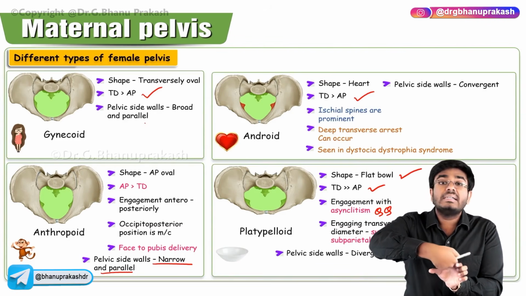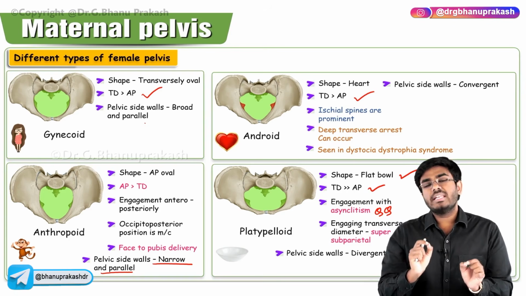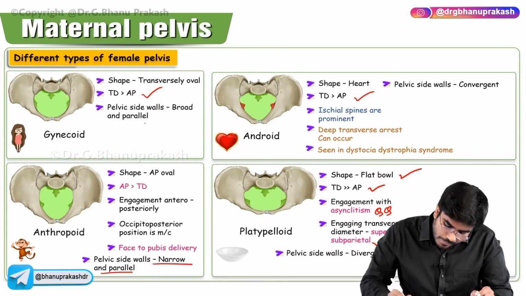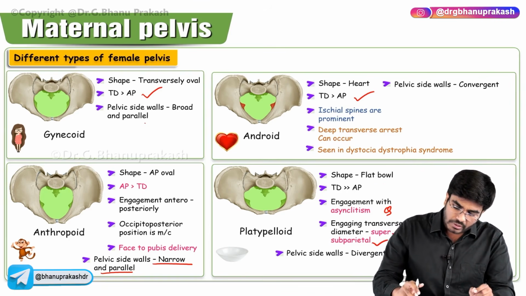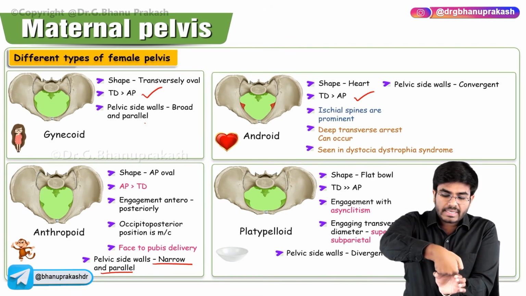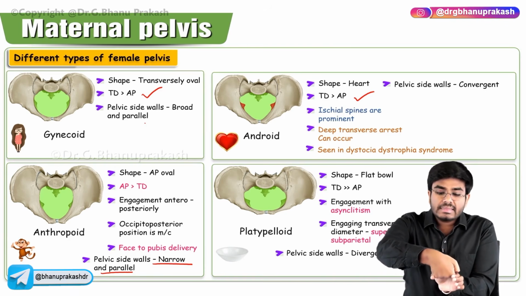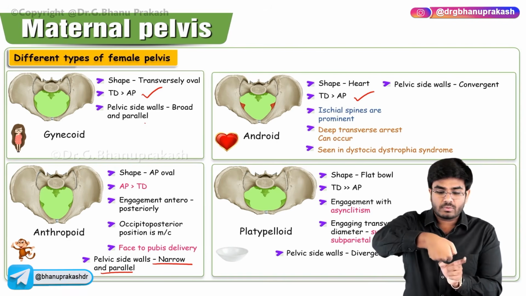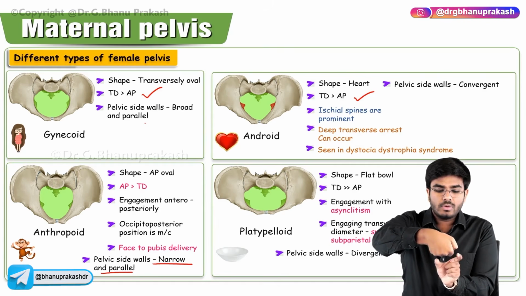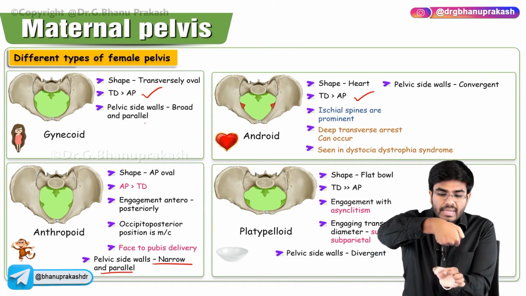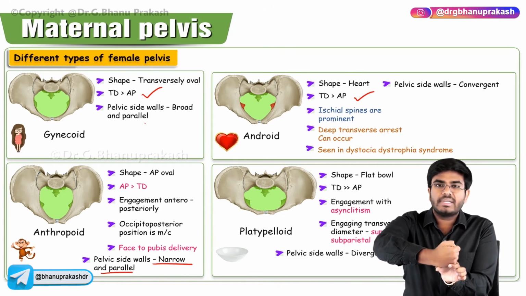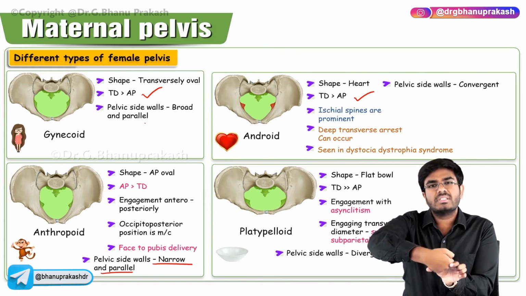Because of this tilting, the engaging transverse diameter is the supra-subparietal. Let me tell you what is normal. If the head is normally getting engaged into the pelvis, then the engaging transverse diameter is the biparietal diameter. But if it is a little bit tilted, do you think biparietal diameter is the engaging diameter?